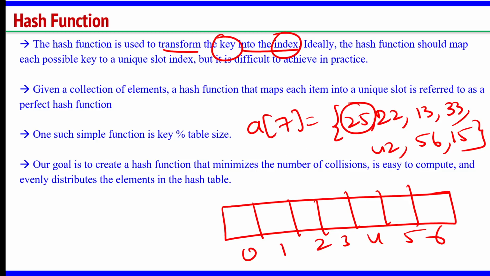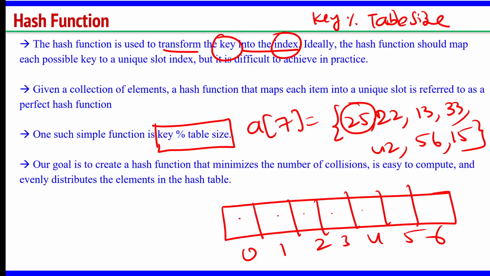A basic and frequently used hash function is the key value modulo the table size. That is the standard formula we use frequently, but it is not mandatory. You can design different hash functions. Here the key is 25. What is the table size? 1, 2, 3, 4, 5, 6, 7.